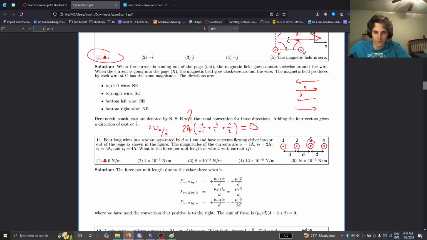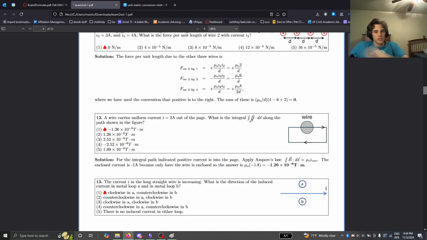So even though they're both the same distance away and have the same relation in terms of how the current is running, they're going to have opposite effects on the force. And so this one as well will have a less significant attraction force. But it also scales by I, so we can't tell based on this alone. But you can see that it depends on what side they're on, how they're pushing.